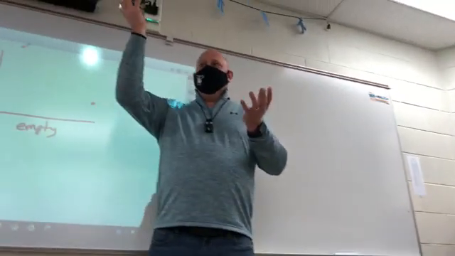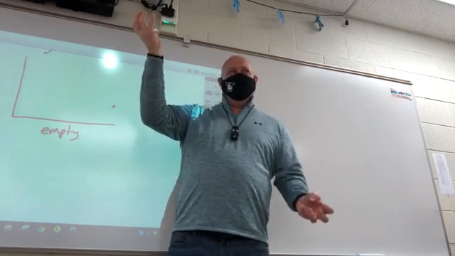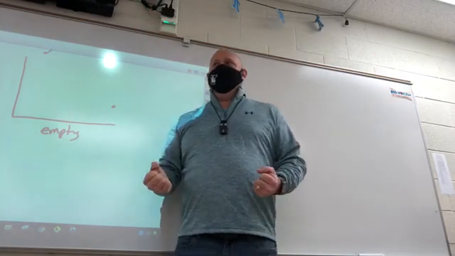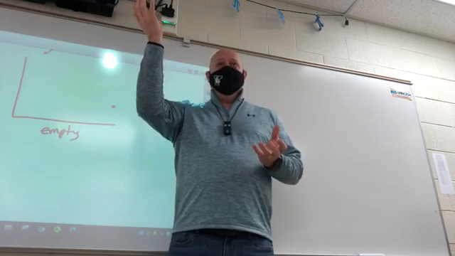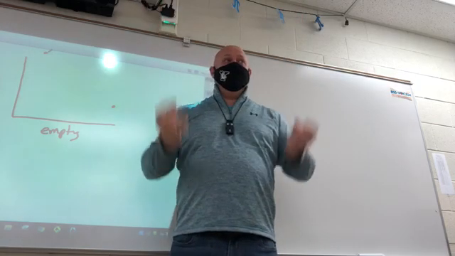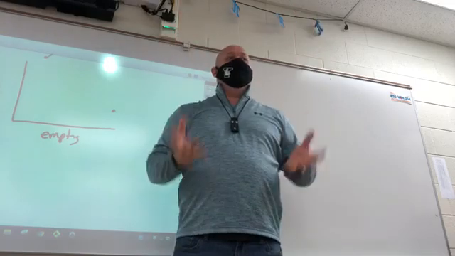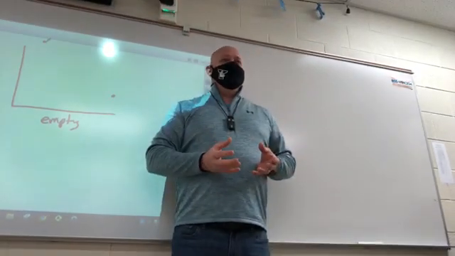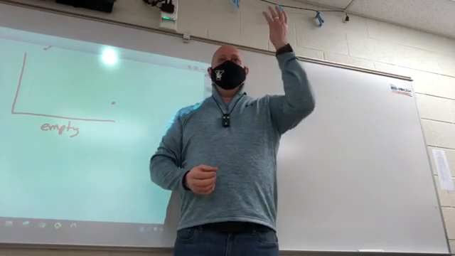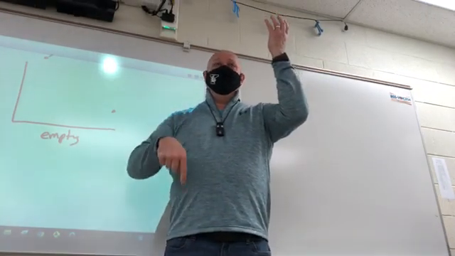As one goes up, the other is going to go down. In a negative correlation, that's exactly what you should be thinking. If one number goes up, the other number will go down. A positive correlation, if one goes up, the other goes up. In a positive correlation, they go together. They either both go up or they both go down. A negative correlation, if one goes up, the other goes down.